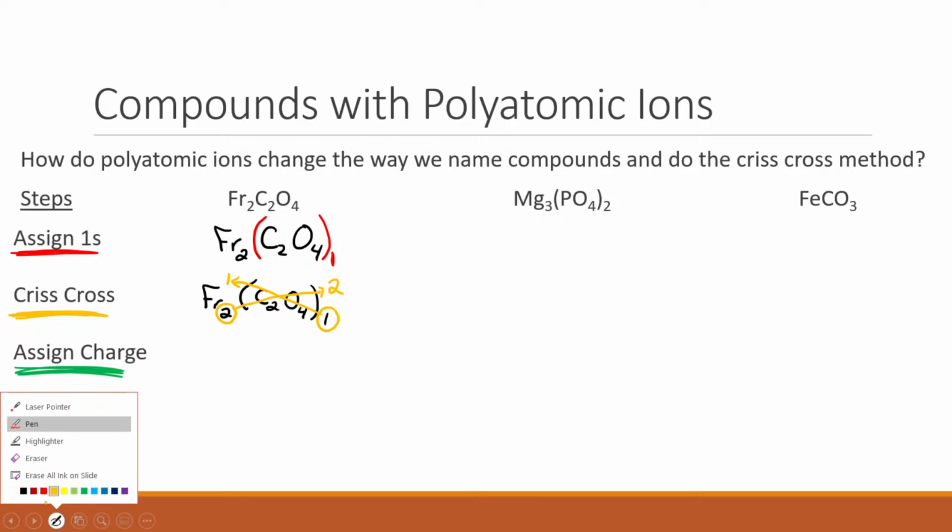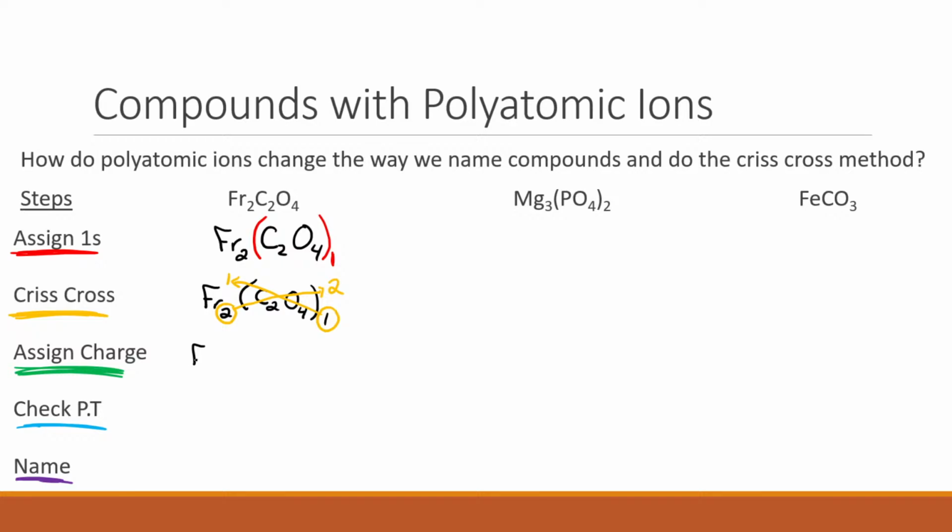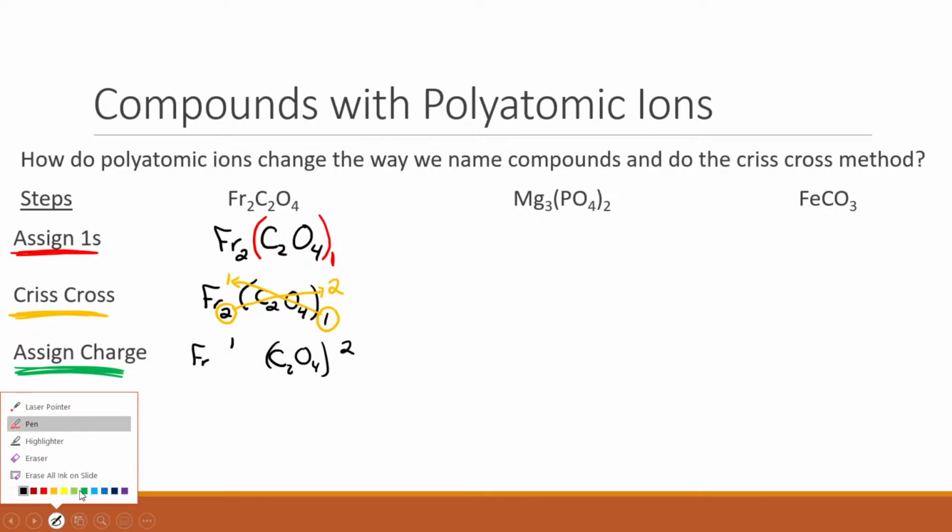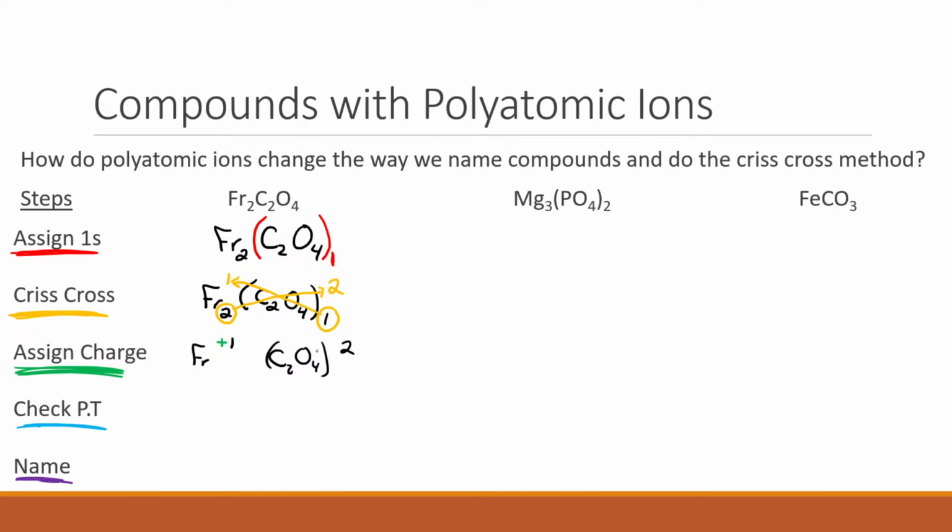Then we'll come down and assign our charge, Fr1, C2O4 2. We know the first ion is always positive, second ion is always negative.